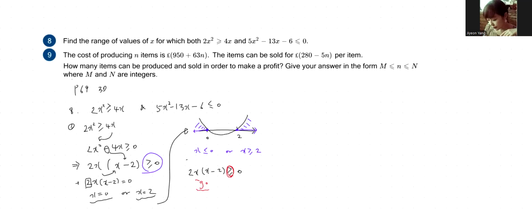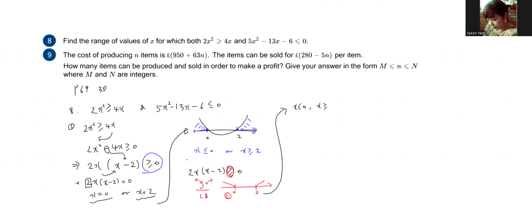So which means 0 and 2, outer part of this number line. If it's less than or equal to, it means between. So please remember this simple rule. It will make your solution faster. So we found the range of x: x is less than or equal to 0 or x is greater than or equal to 2.